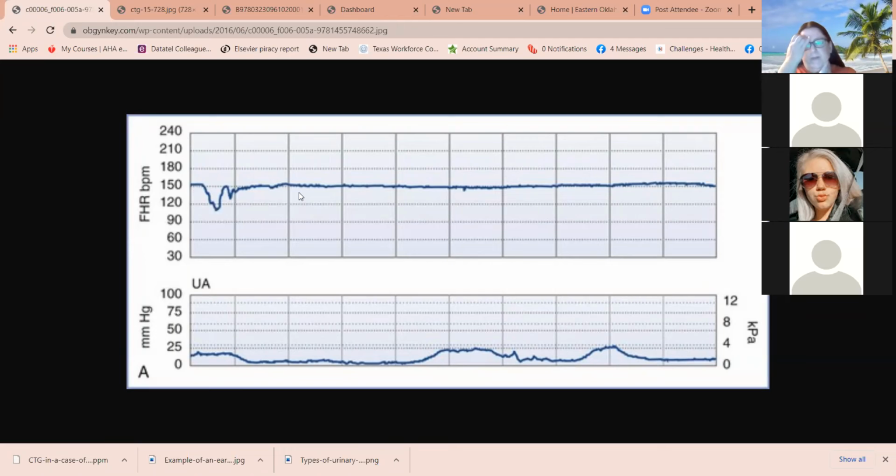Okay. Category 1, 2, or 3. Category 3. Remember that most of your category 3s are going to be absent variability. Okay. This is a strip where the provider needs to intervene pretty quickly. If they have no variability, the provider needs to be getting that baby out.